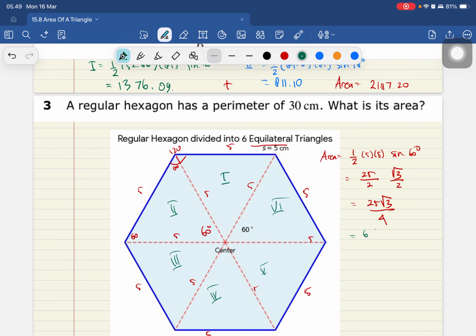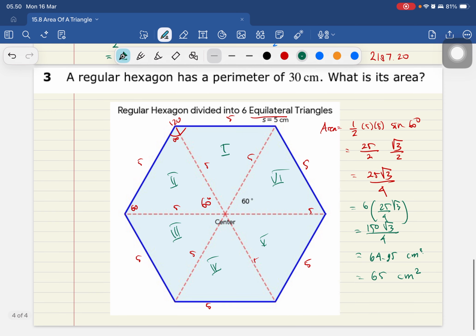So we multiply by 6. It's going to be 150 square root of 3 divided by 4. So it's going to be 64.95 centimeters squared, or we can make it to the nearest 65 centimeters squared for the area of the hexagon. Okay, there it is. Thank you.